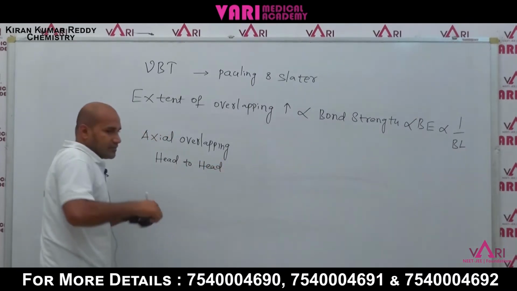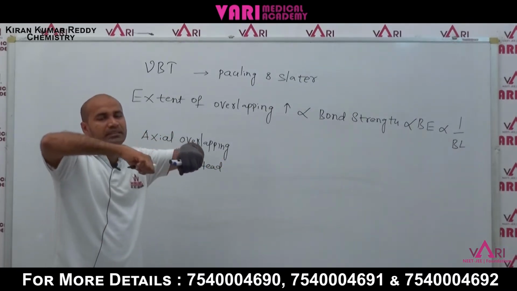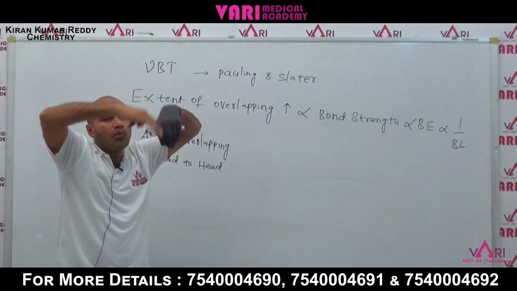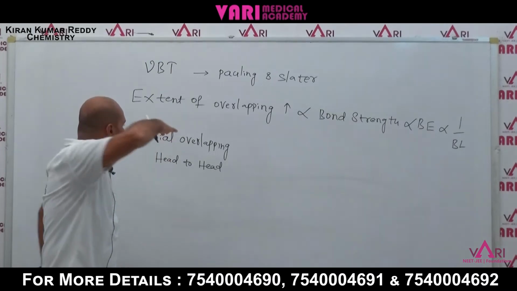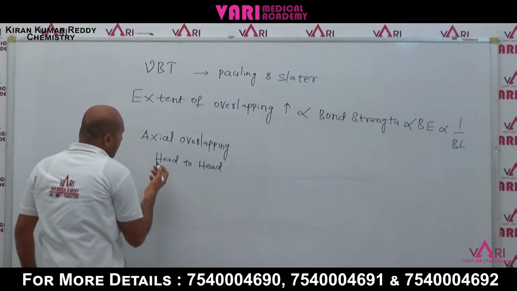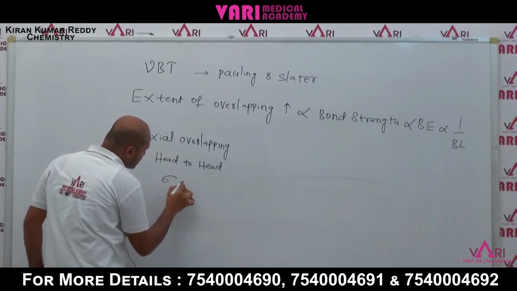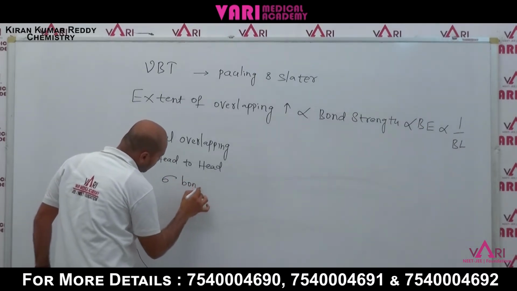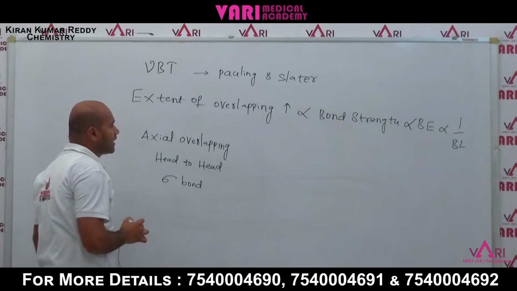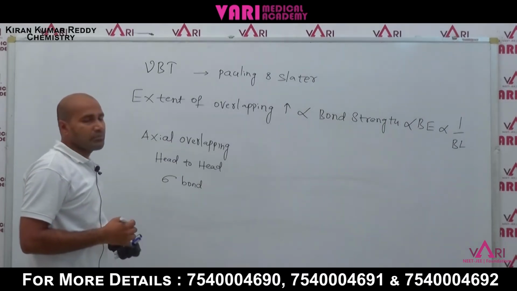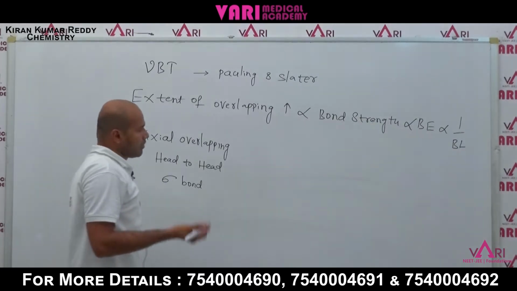Head to head, these two heads overlapping. Head to head means along the internuclear axis, more extent of overlapping. That is the axial overlapping, head to head overlapping, to form a sigma bond. It will be a sigma bond because in a sigma bond the extent of overlapping is more. More extent of overlapping means more strength of the bond.